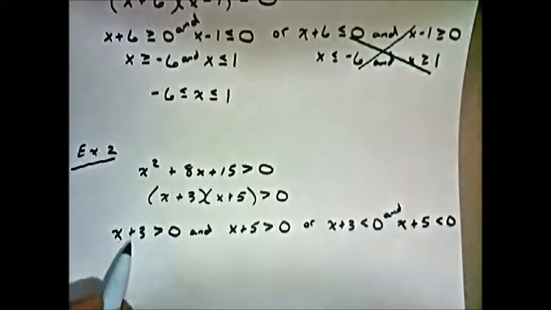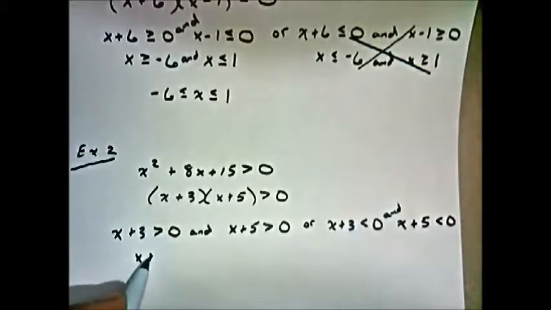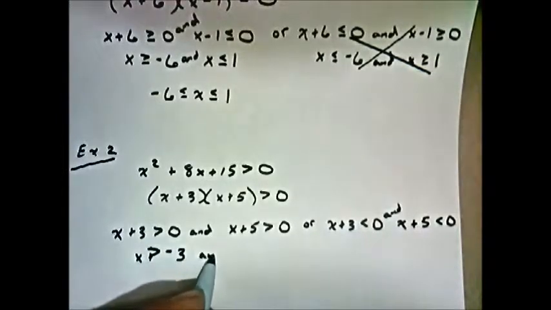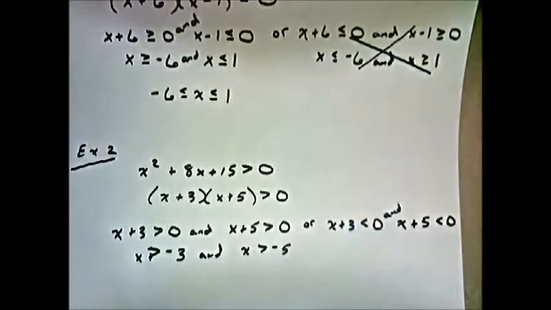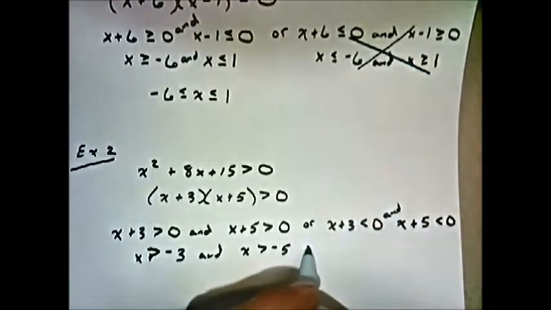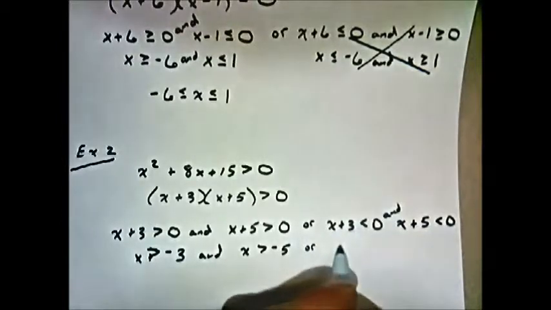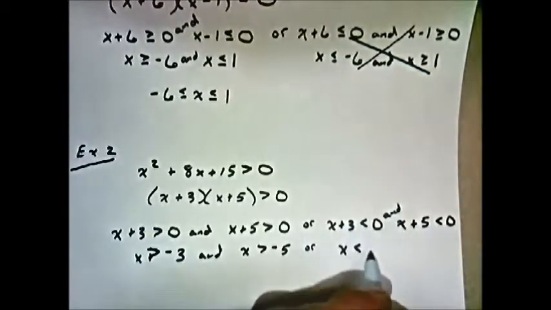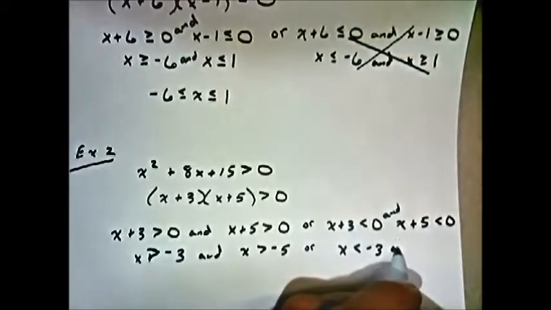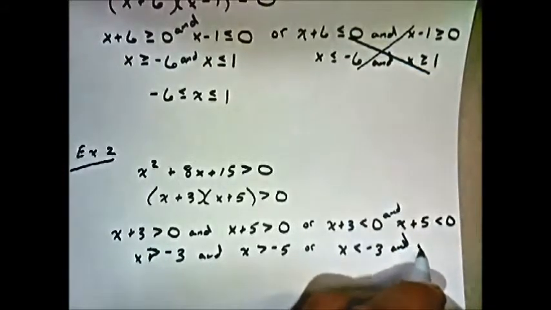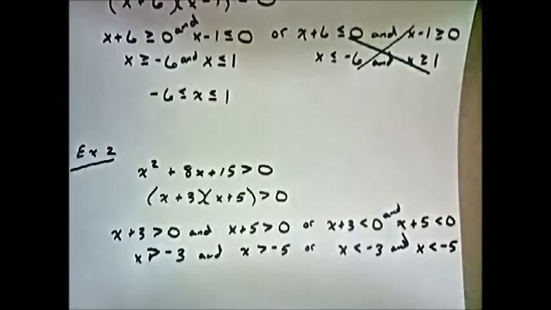So here, x plus 3 is greater than 0, so x is greater than negative 3, and x is greater than negative 5. Or we could have x is less than negative 3 and x is less than negative 5.